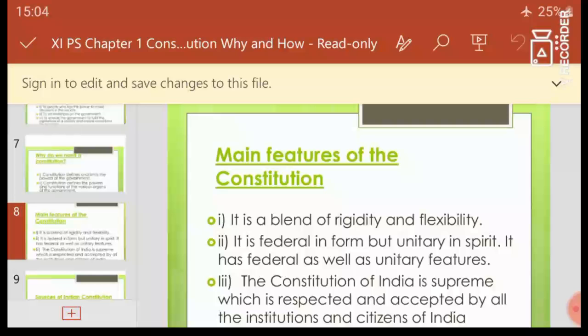Such laws could include the number of states. Such particular topics may include the federal needs, may include the language policy, may include some other things which may have requirement of change after a certain period. Is it? So regarding that, constitution should give response. Constitution should allow modifications. Isn't it?